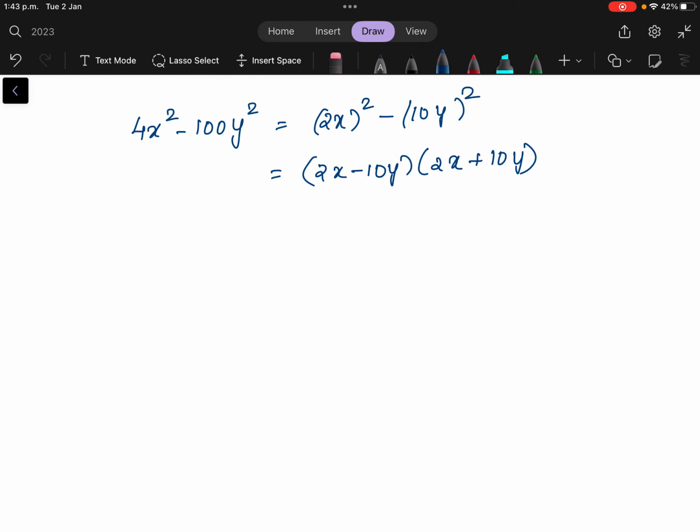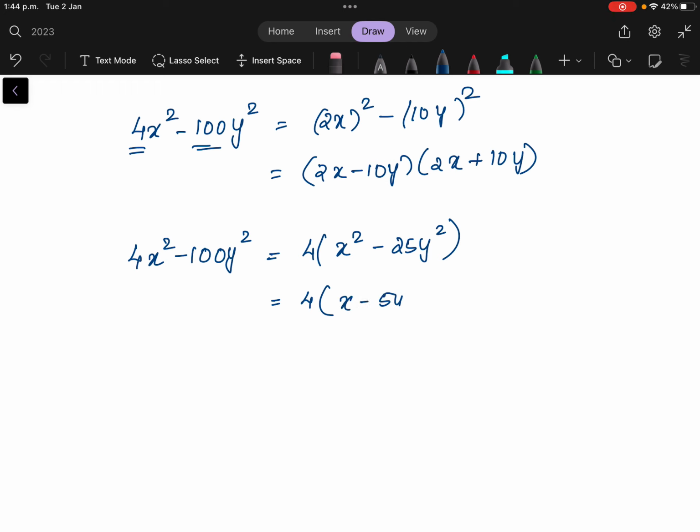Or if you see this 4 and 100, 4x square minus 100y square, you have 4 in common, so you can just take 4 outside and then write x square minus 25y square. Then that can be written as 4 times x minus 5y and x plus 5y. Okay, so this is also possible.